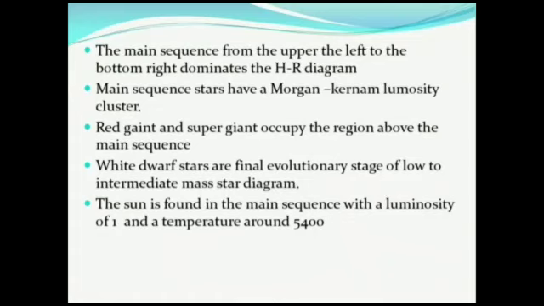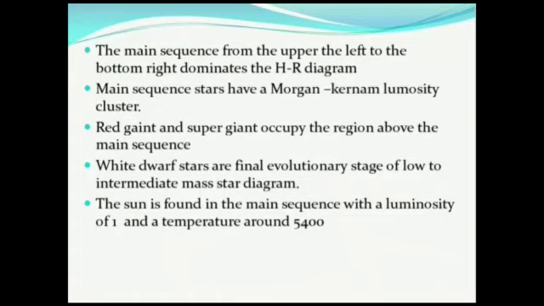They have low surface temperature and high luminosities, which according to the Stefan-Boltzmann law means they have high radiation. The stars enter this evolutionary stage once they have exhausted the hydrogen fuel in their cores and have started to burn helium and other heavier elements.